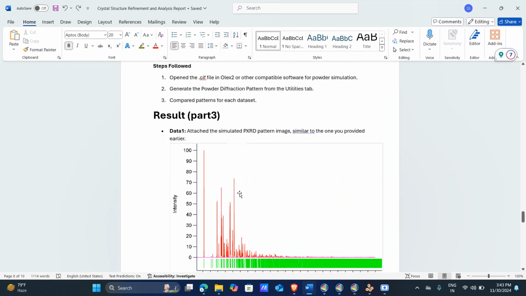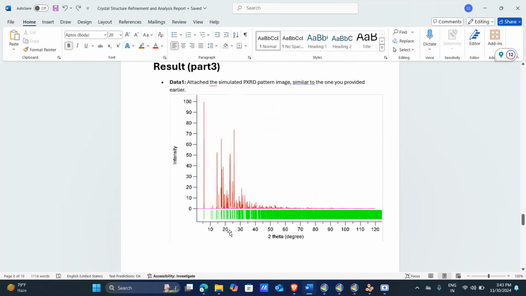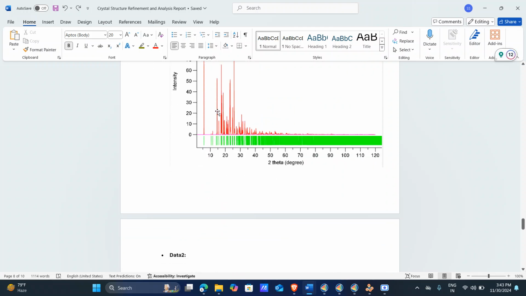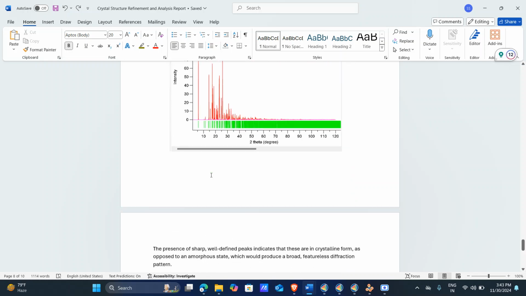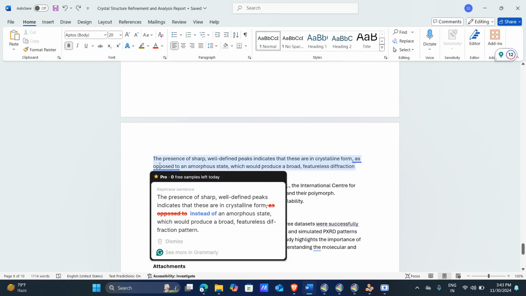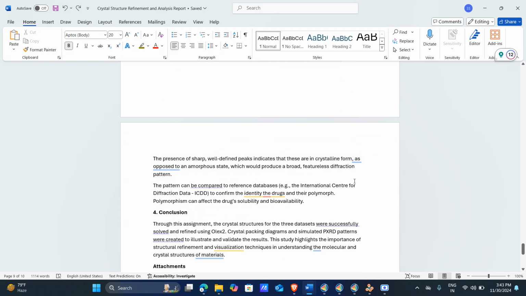So let me quickly go. So we are observing the peaks in our first data set also, second data set also, third data set also. The presence of sharp and well-defined peaks indicates that these are in crystalline form, not in the amorphous form, because in amorphous form we get a broad featureless diffraction pattern, there is no peak.